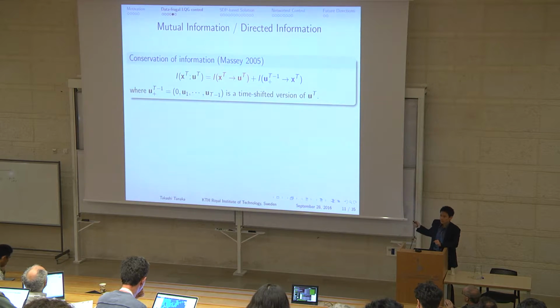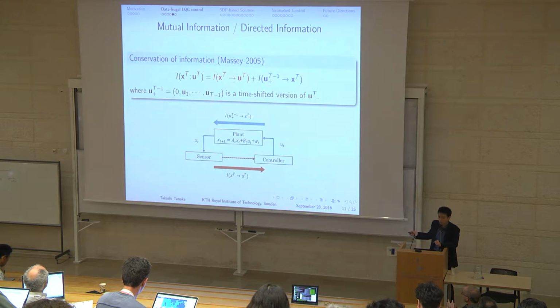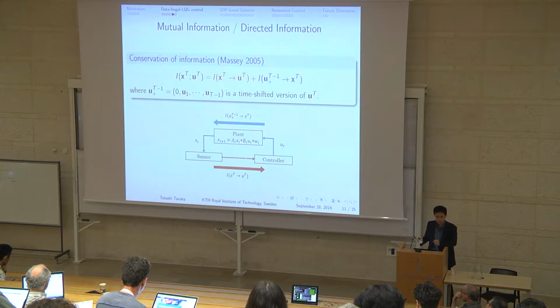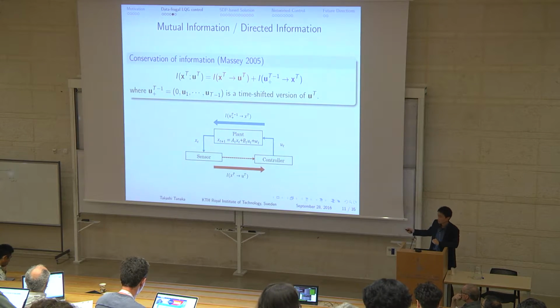And in order to understand this formula, I think the best way is, again, coming back to this feedback diagram. If you look at this feedback diagram, it's clear that there are two reasons why x and u are dependent on each other. One reason is because there's an information flow from u to x through the plant, through the environment, essentially.